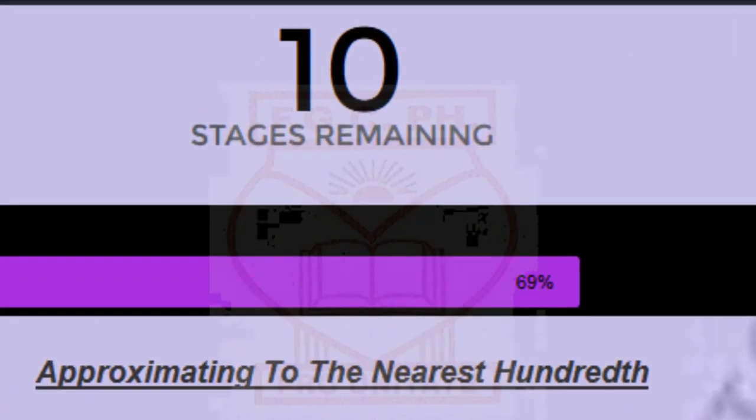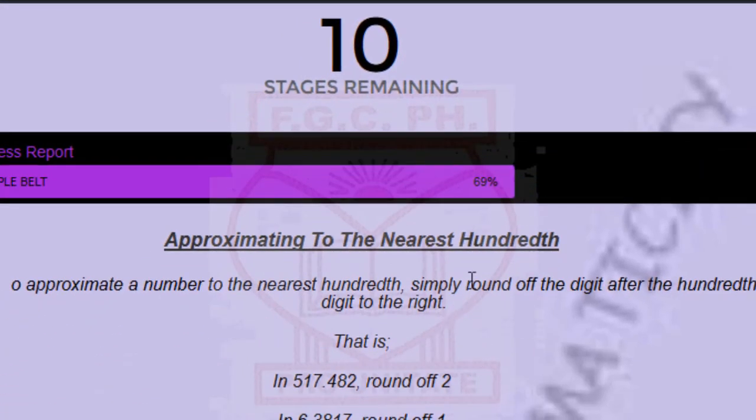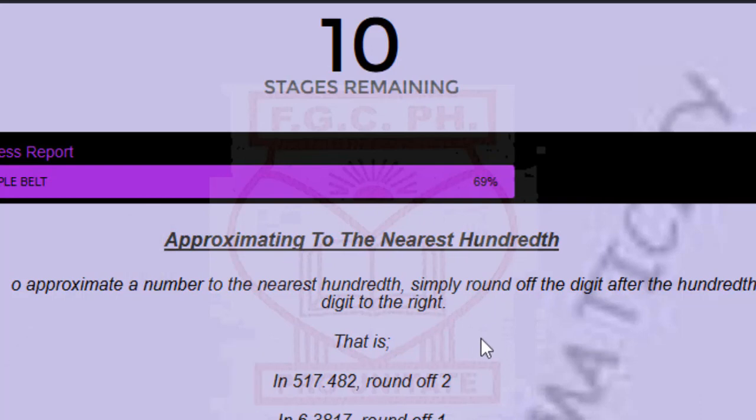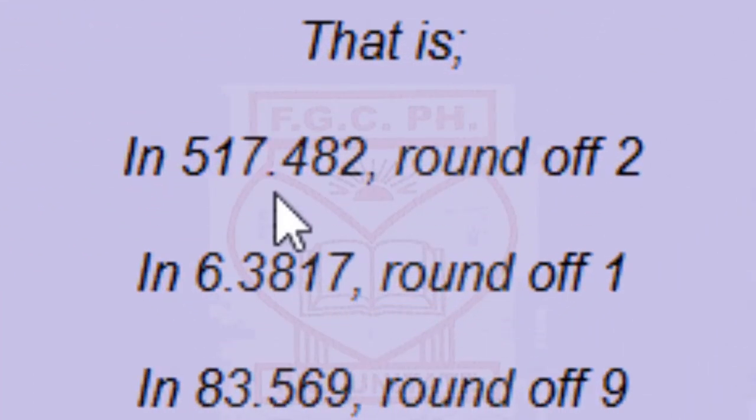Here we want to teach you how to approximate to the nearest 100th. You need to know the 100th digit to be able to approximate to the nearest 100th. And it's so simple. The 100th digit is simply the second digit after the decimal point to the right. So after every decimal point, you have the 10th digit, then you have the 100th digit.